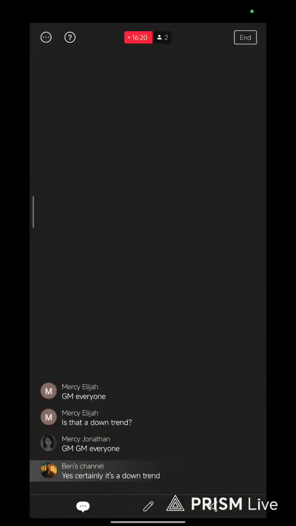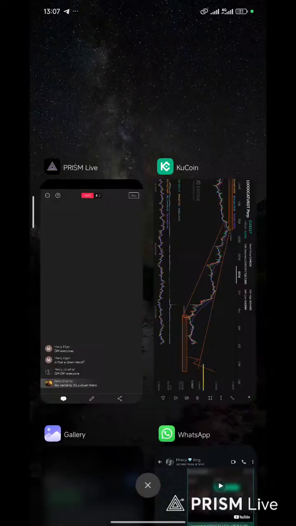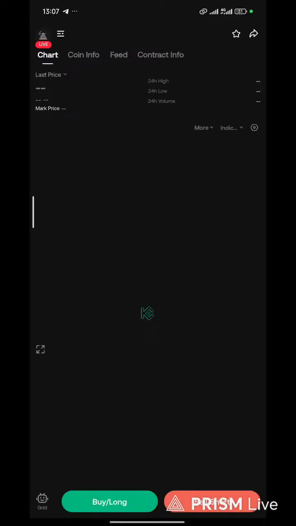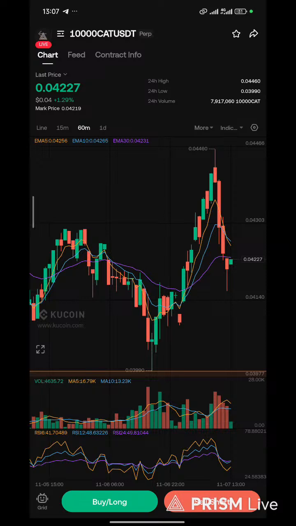That's what I'm trying to do, right? That's what I'm trying to do. I want to test some other coin, but do analysis and see which one really plays out.